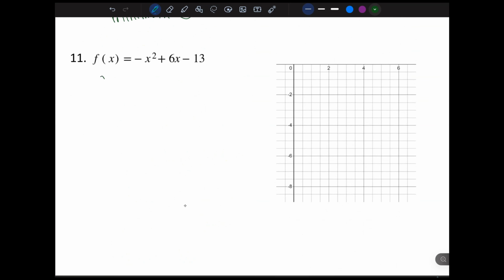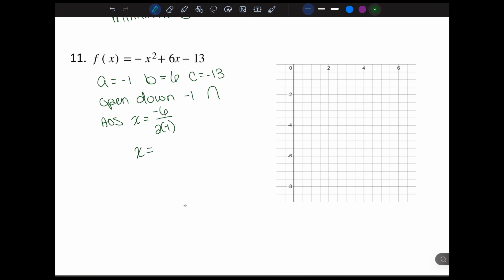All right, number 11, the A value is negative 1, B value is 6, and your C value is negative 13. This is going to open down because A is negative. All right. And now let's find our axis of symmetry. So the axis of symmetry is x equals negative b, b is 6, all over 2 times negative 1.